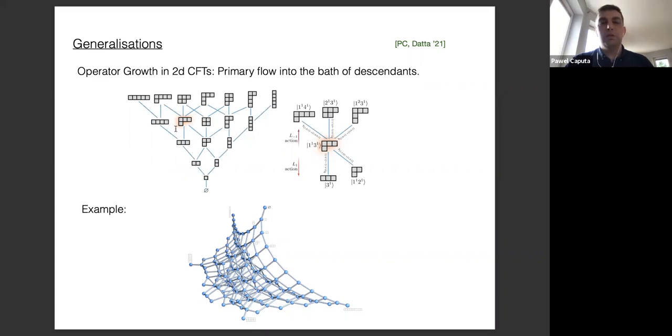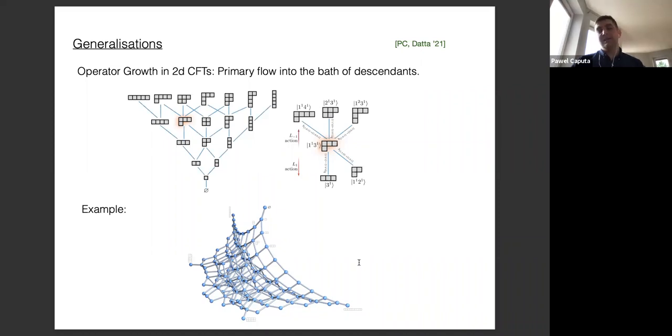The operator becomes more and more complicated, and the probability that I talked about before for SL2R is now the probability on the space of the Young lattice in a particular way. A nice pictorial example is here: up to descendant level 10, some initial simple operator, as time progresses, spreads into the bath of descendants in the Virasoro module.